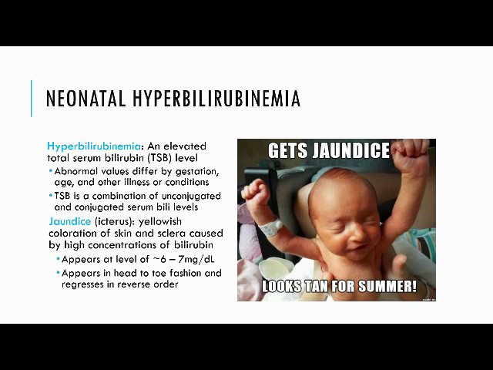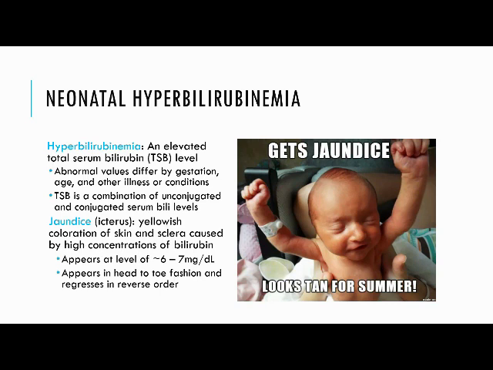There are some conditions where a direct or conjugated bilirubin level is helpful for determining the disease processes, or sometimes you'll see providers order what's called a fractionated bilirubin level, which is a breakdown in the percentages of direct conjugated versus indirect unconjugated.